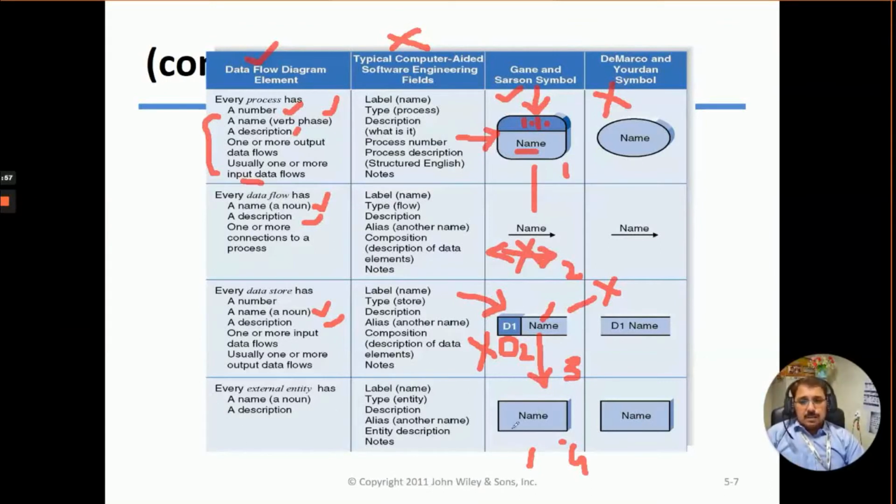And the last component is the external entity. Okay, an external entity has a name. It is also a noun because it is an actor. It is a person. Person is mostly a noun, or it may be some other system, or another organization is also possible.